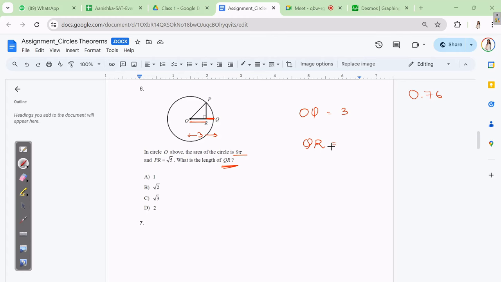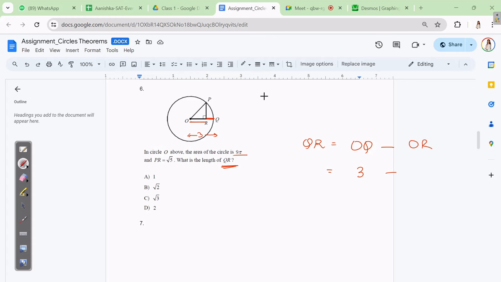So QR can be found by taking OR from OQ. OQ minus OR. OQ is 3. We need to find out OR. Okay, what else do we know?